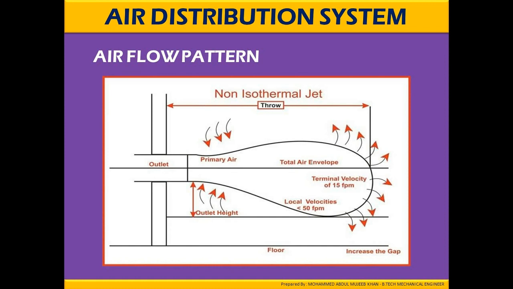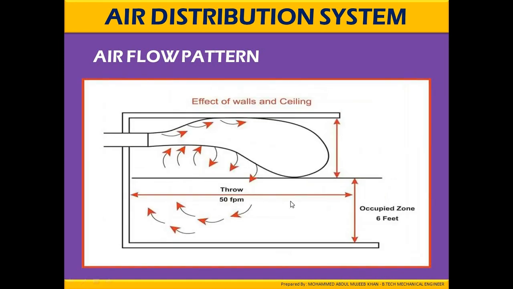Here is the plan view of an airflow pattern. As you can see from the outlet, the primary air comes out and it is distributed into the room and the floor. Here is the sectional view of an air duct, and the airflow affects the walls and the ceiling and the throw from the duct to the room.